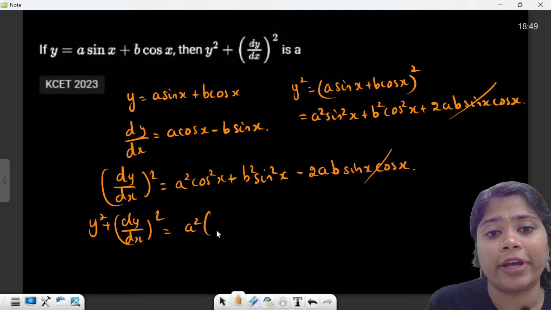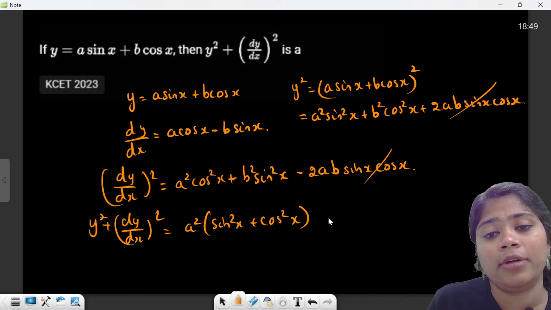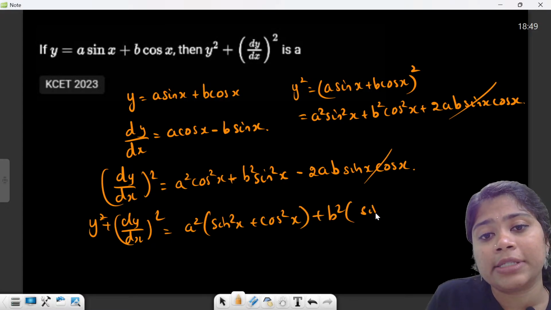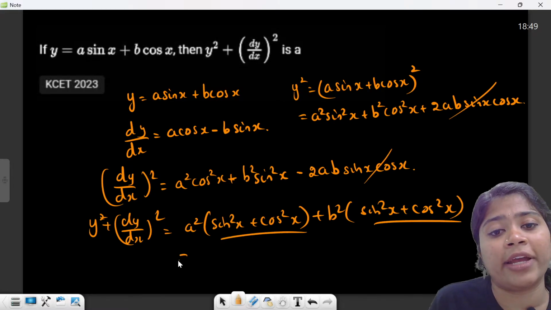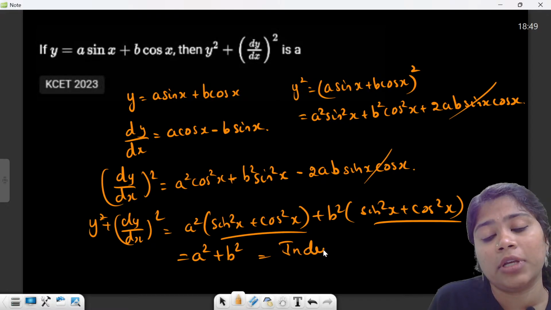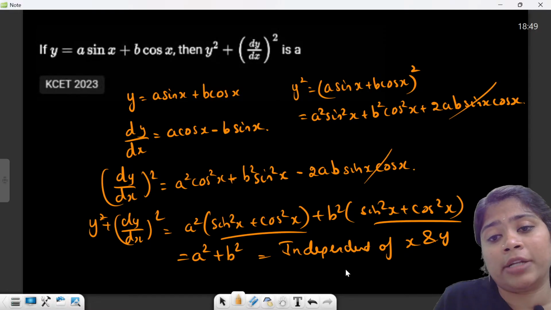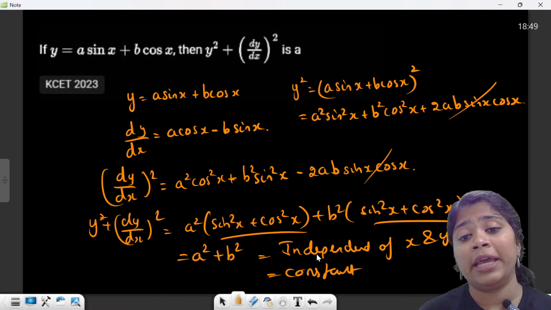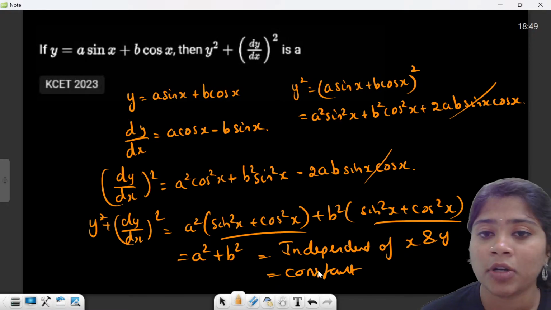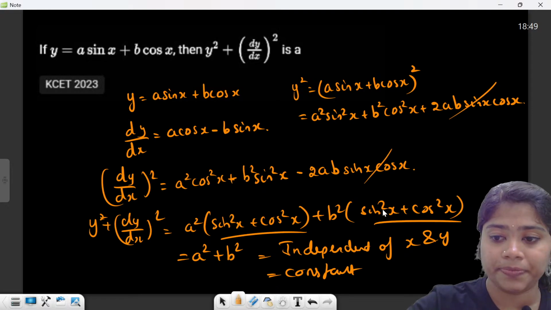If you take a square common, sin square x plus cos square x gives 1, plus b square into sin square x plus cos square x gives 1. So we get a square plus b square. It is independent of x and y, so we can say this is a constant. In the options, whether you have independent of x and y, you can take that, or you have constant, you can take that. So it depends.